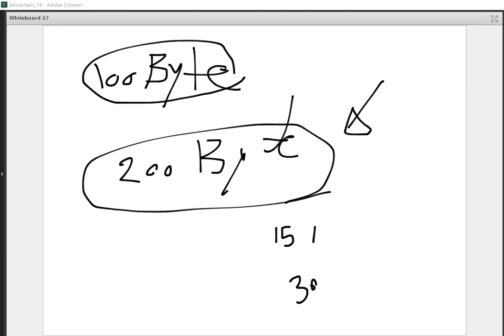Okay. In fact, this commission is calculated according to the size of the transaction. Okay, the bigger transactions must pay more fee.